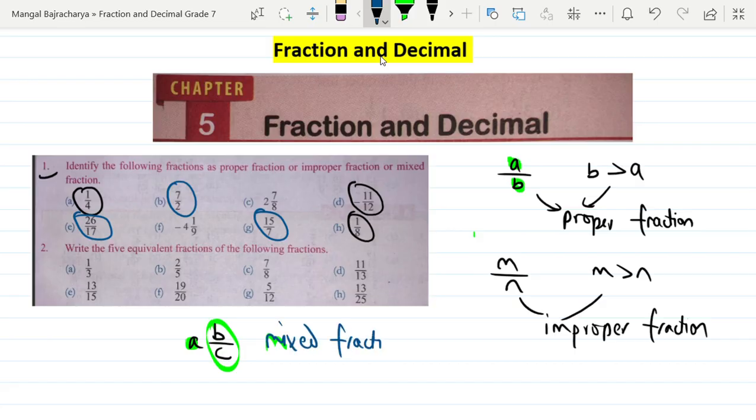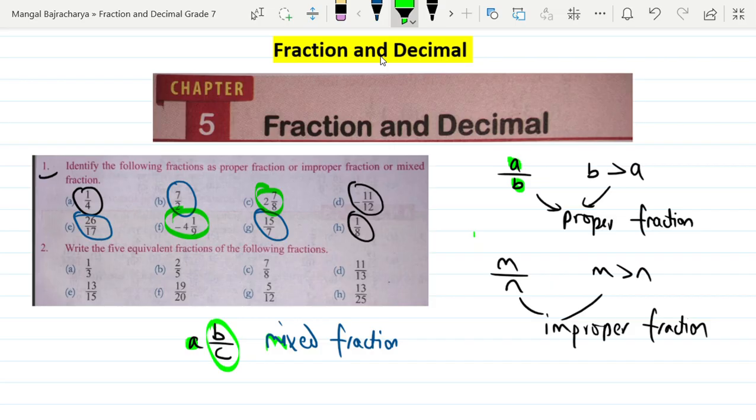When we search for mixed fractions in this number 1, we see 2 whole number 7 by 8, that is a mixed fraction. And similarly there is minus 4 whole number 1 by 9, that is also a mixed fraction.